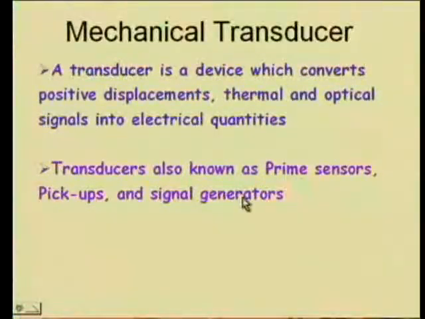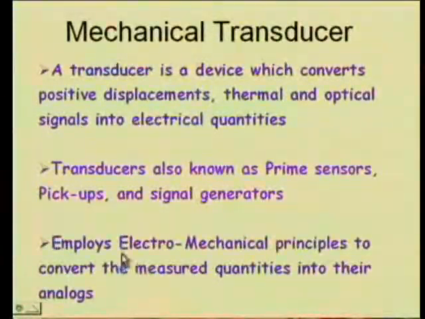Transducers are also known as prime sensors, pickups and signal generators. They employ electromechanical principles to convert the measured quantities into their analog form. So a transducer is simply a device used to transfer the information from one mode to the other, either from electrical to mechanical, or mechanical to electrical, or mechanical to optical, like that.